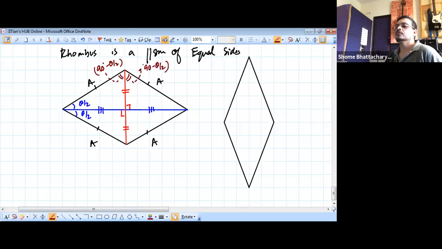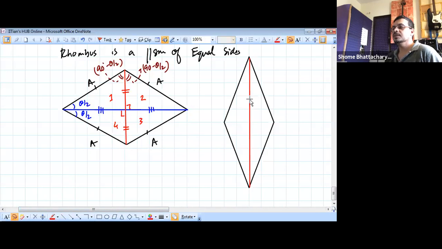Therefore you can see that these four triangles are congruent triangles. So those are the three important geometrical properties of the rhombus, which I have listed above and am showing in the diagram below.